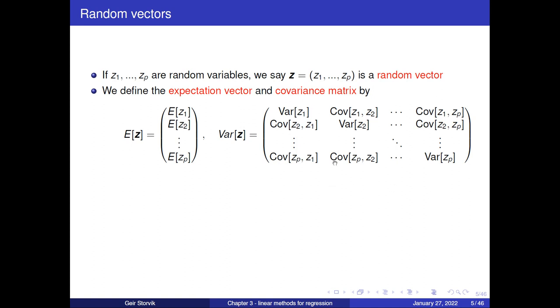We structure all those ingredients in a matrix, where on the diagonal we specify the variances for each of the p variables. So the first component is just the variance of Z1, the variance of Z2, and so on. But on the off diagonal, we include the covariances. So element 1,2 will be the covariance between Z1 and Z2, and so on. This is just a way of summarizing the first and second order properties of these random vectors.